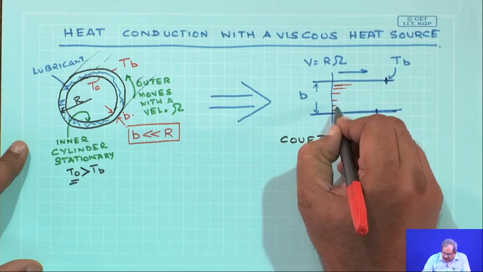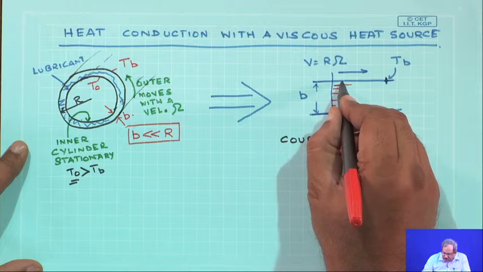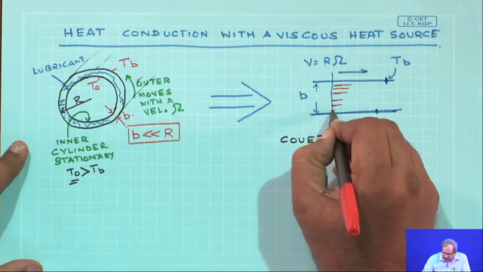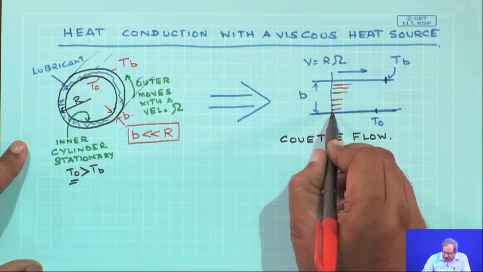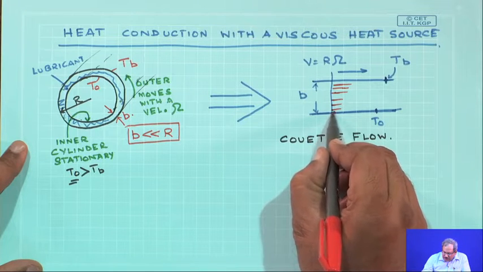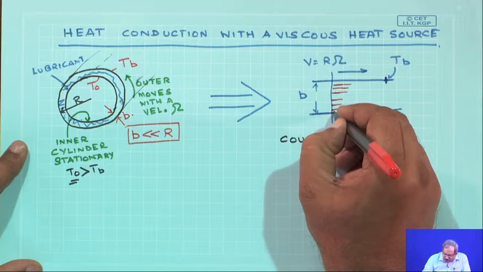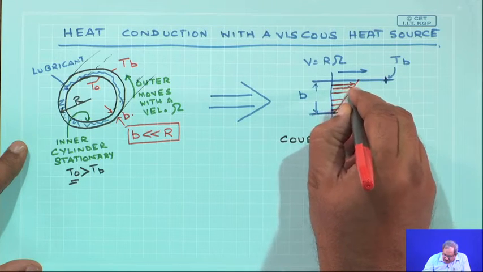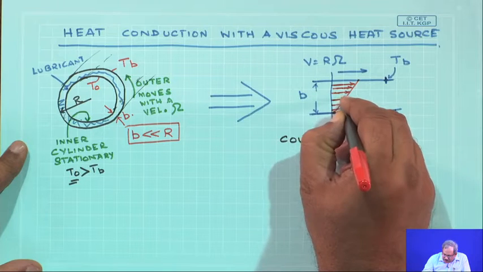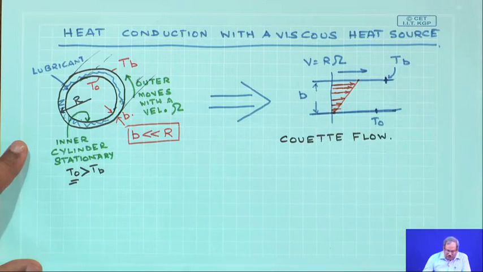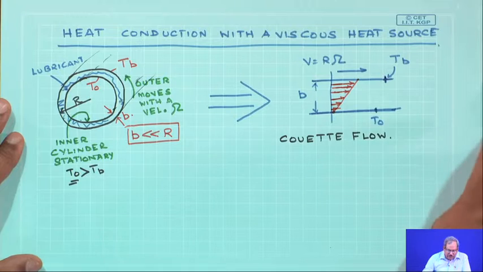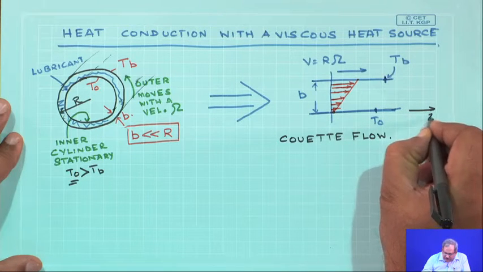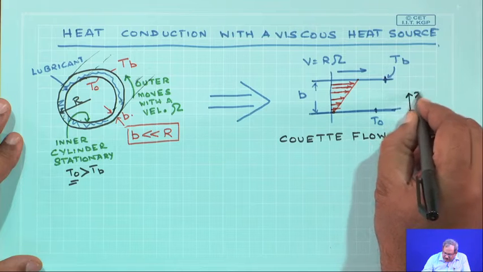As you move away from the moving plate, the velocity progressively decreases, and due to the no slip condition, the velocity is going to be 0 over here. So, the velocity profile for a system like this looks something like this. Let us say this is my z direction and this is my x direction.